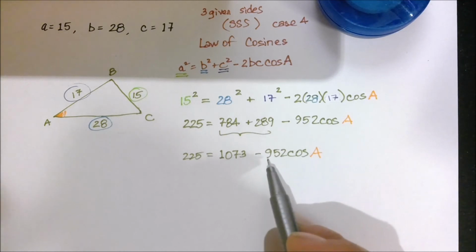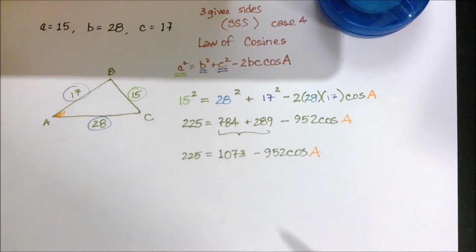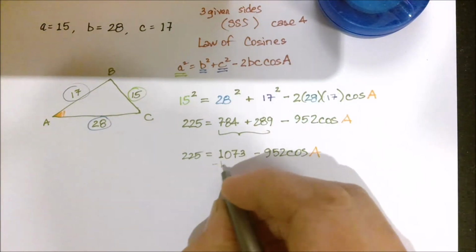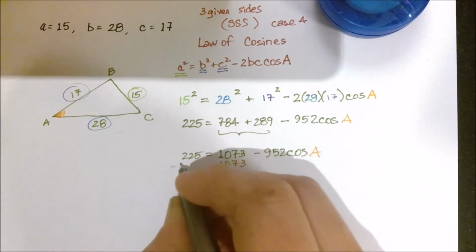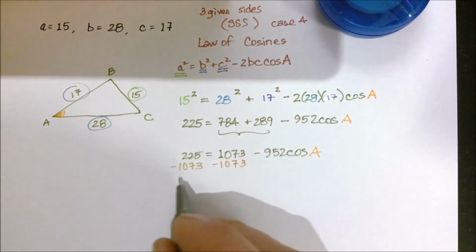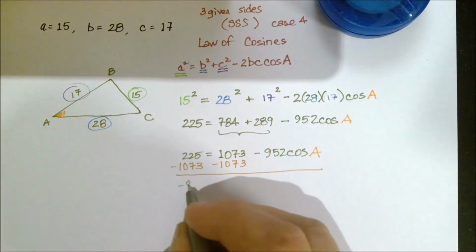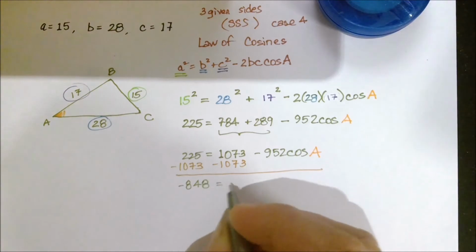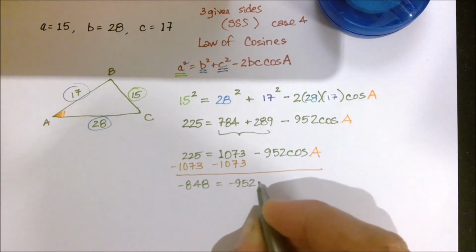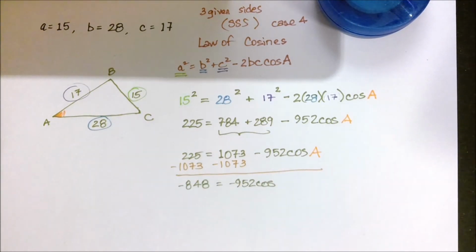Remember, this is the product of 952 and cosine of A. So truth is, to finish solving this thing, we actually have to move that 1073 over, right? And this is really algebra 1. So 225 minus 1073. I'm showing negative 848. And that's equal to negative 952 cosine of A, right?